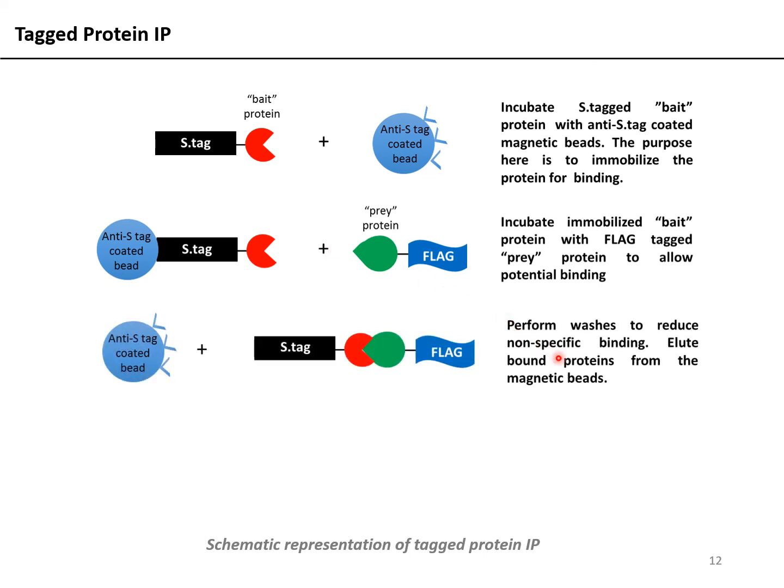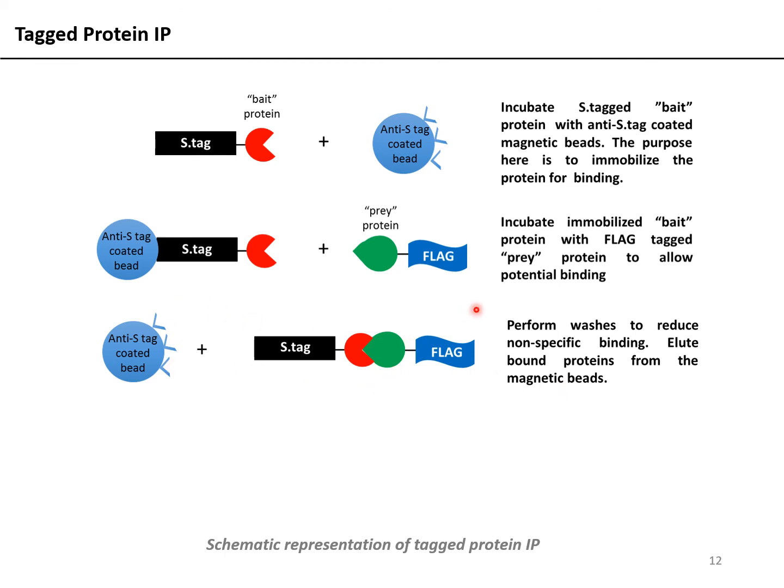Next, you perform washes to reduce any non-specific binding, and you elute the bound proteins from these magnetic beads. In this case, these beads were magnetic beads. Regardless of the nature of the beads, you elute them from the beads.